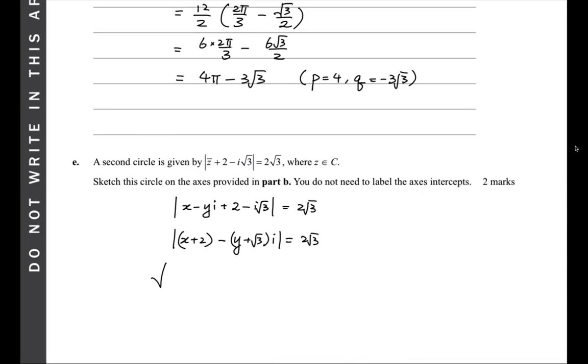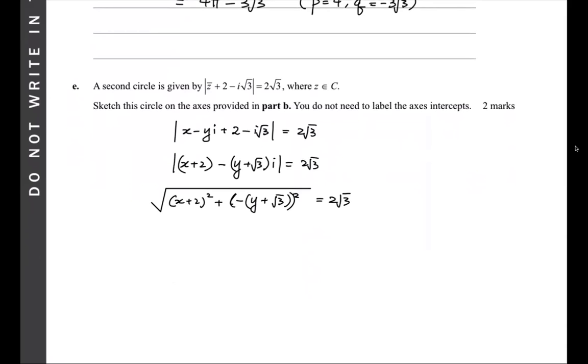Now when you expand the square root expression, you should get x plus 2 squared plus y plus root 3 bracket squared equals to 2 root 3. I mean, technically, it's like this. It's bracket negative y plus root 3 bracket squared. But once you square it, you will get a positive term.